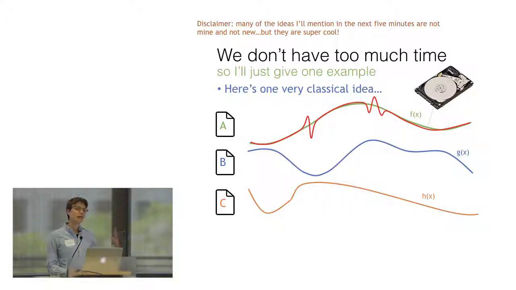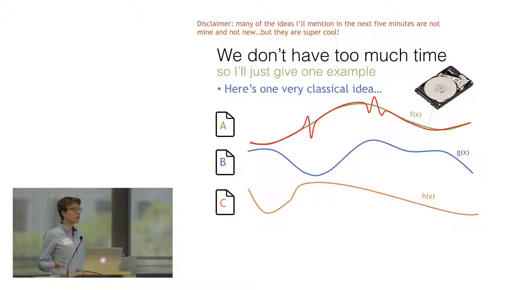I'm going to identify each of my different files, or more technically, little parts of each of my different files, with low-degree polynomials over some finite field. So maybe this file A, I'm going to associate to this low-degree polynomial f. And then I'm going to look at this graph here, and that is the thing that I'm going to store. I'll say, OK, those are some evaluation points, and that's what I'm going to store on the hard drive. So I take this graph, and I put it on the hard drive.